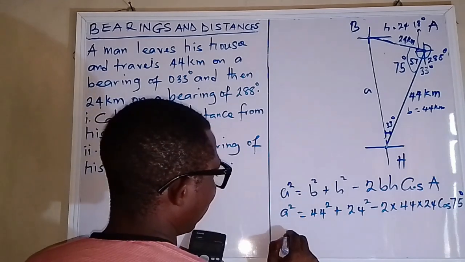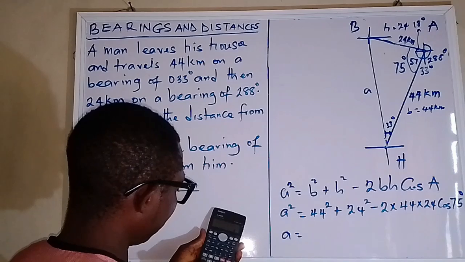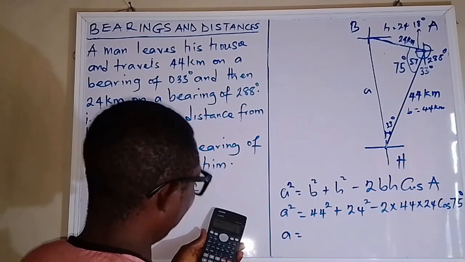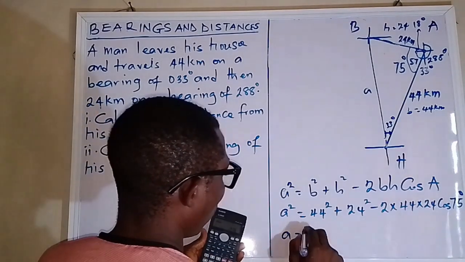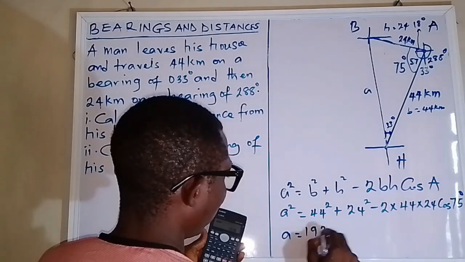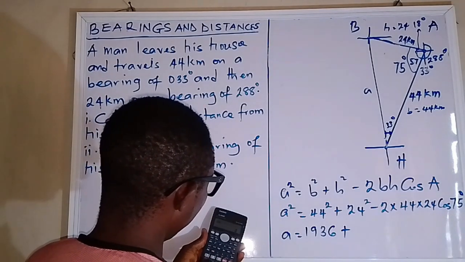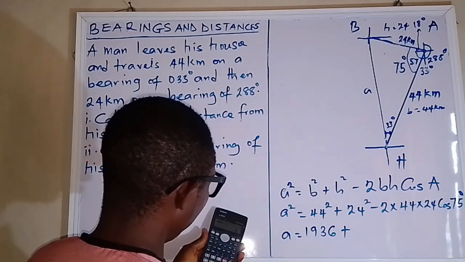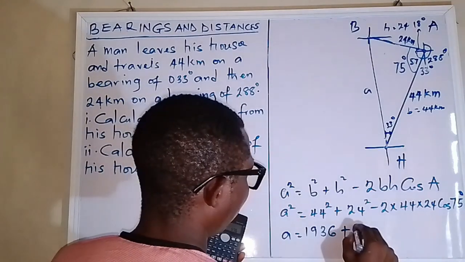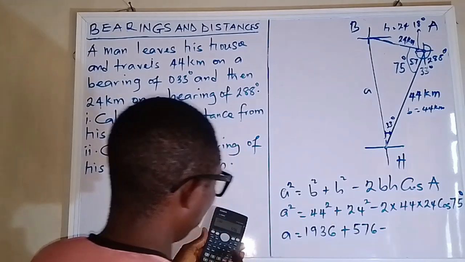Okay, so we are going to make use of our calculator here. So A squared equals, what is 44 squared? 44 squared gives 1936, plus 24 squared, that's 576, minus.